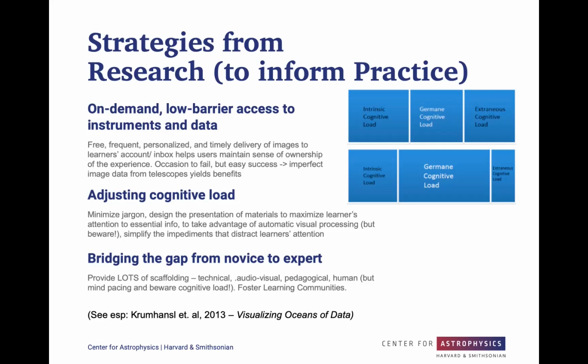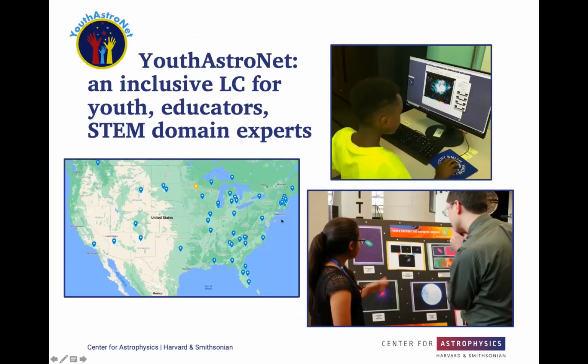Now I want to mention some key findings from a National Science Foundation supported study of our Youth Astronet program, which is a national online learning community for kids ages 10 to 14, and their adult facilitators in either out of school or classroom settings.